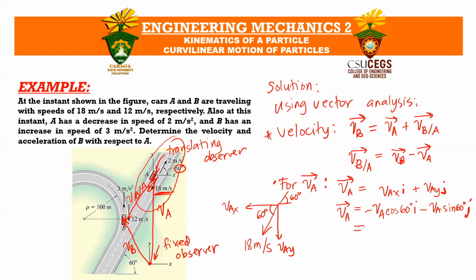And we already know that the velocity of car A is equal to 18 meters per second. So we just substitute here, so that will become negative 18 cosine 60 degrees i minus 18 sine 60 degrees j.